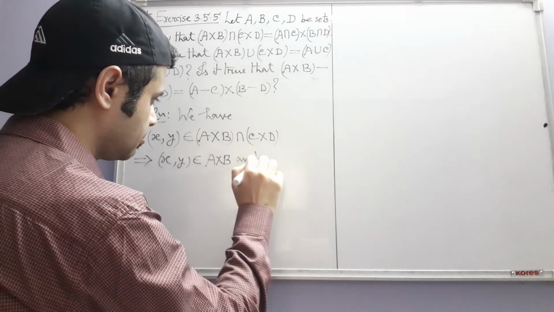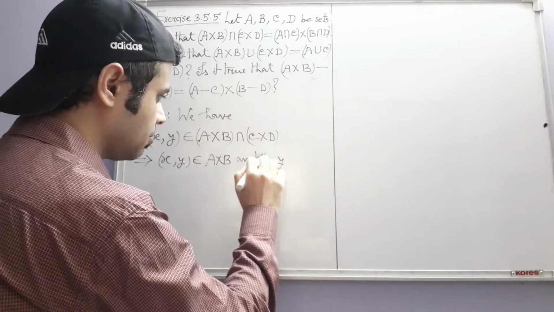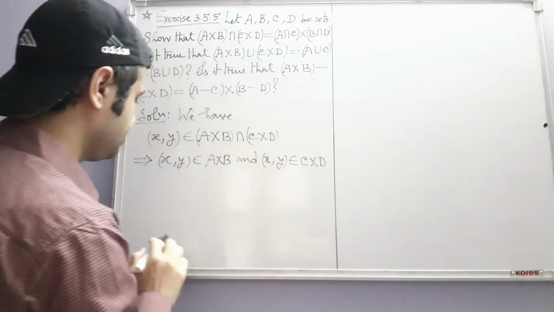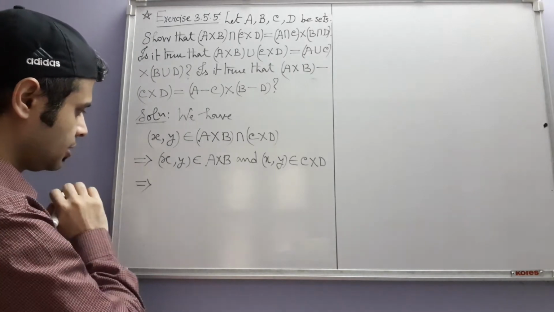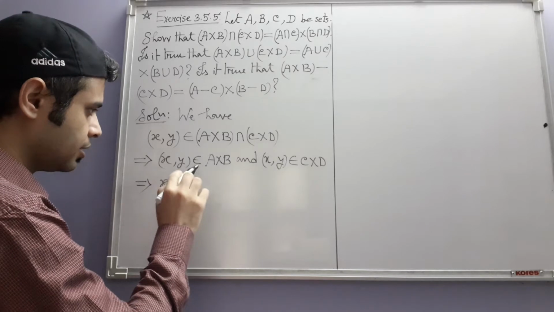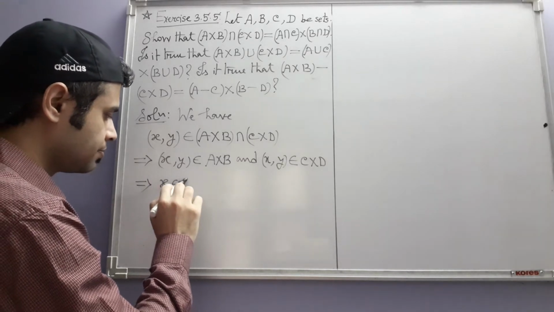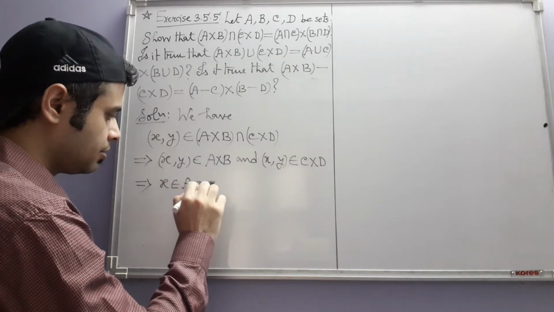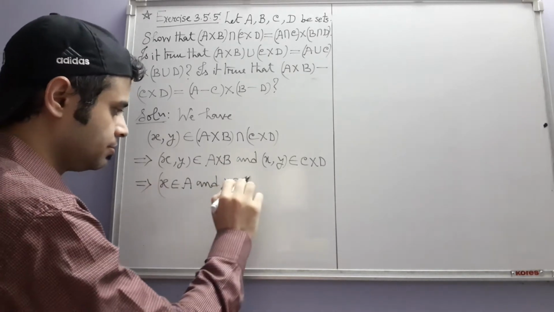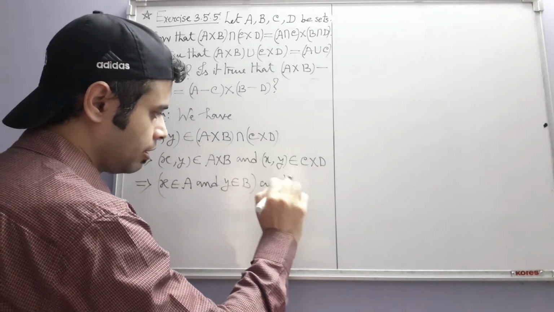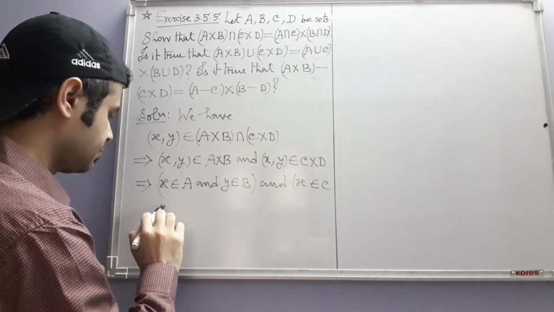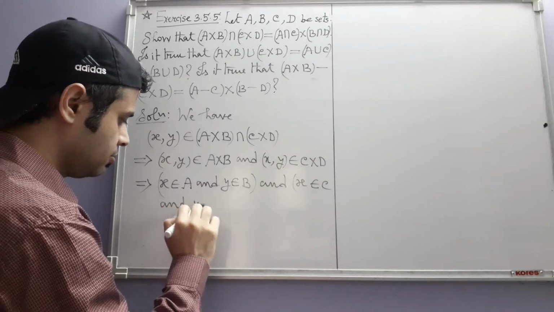And x comma y belongs to C cross D. Then again writing it elaborately, the meaning of this: x belongs to A and y belongs to B, and like that x belongs to C and y belongs to D.